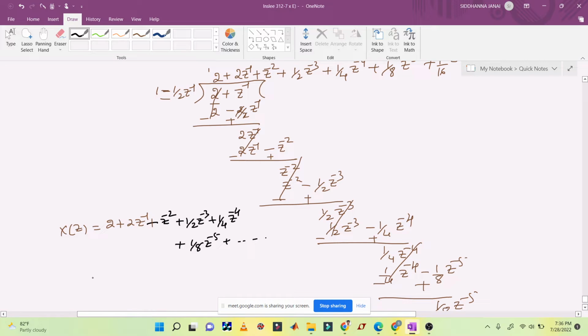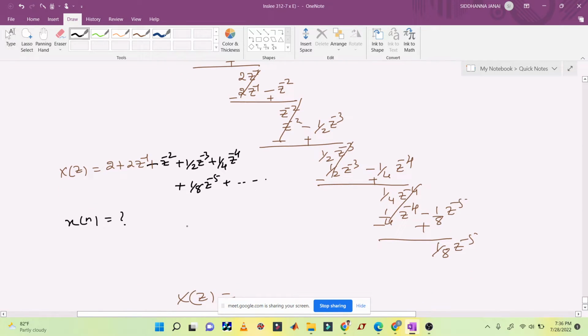Okay, so to find out x of n, we can easily apply inverse z transform for this. X of n is equal to 2 into delta n. We know that delta n has z transform 1.